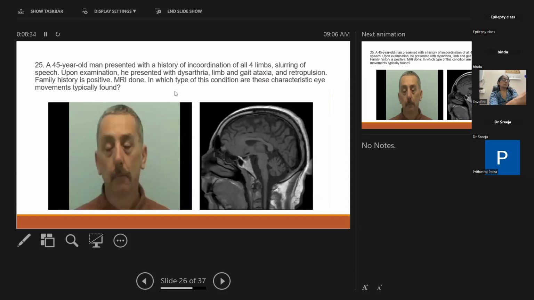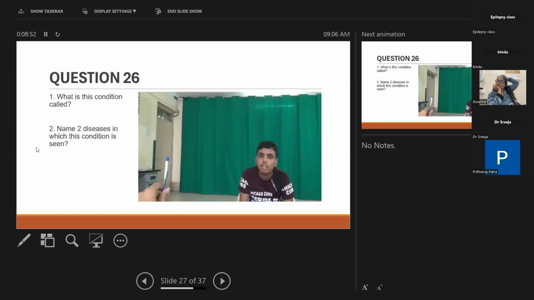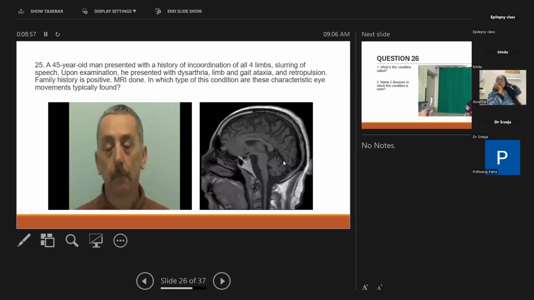And for question 25, the patient has an ataxin 2 gene positive family history and is tested for saccades. These are hypometric saccades with cerebellar atrophy. This is the ataxin 2 gene, so it is seen as SCA2, hypometric saccades. What is this? MRI showing cerebellar atrophy.